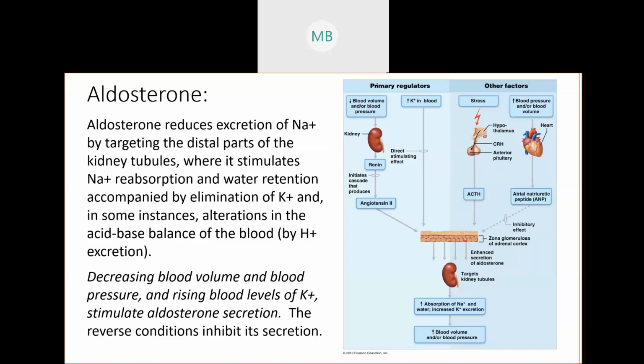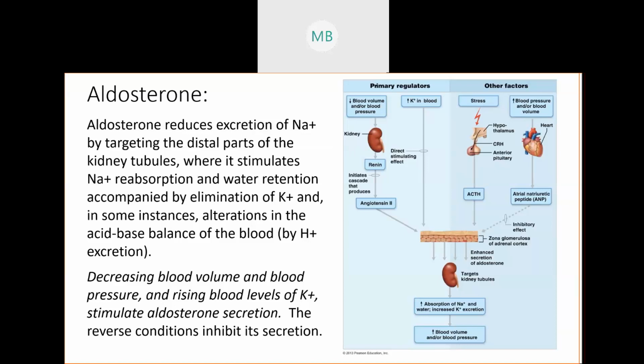Right? Another thing that will affect your blood pressure and affect all of this is that your body also has other mechanisms, not your kidneys, that just straight up detect the concentration of potassium in your blood.